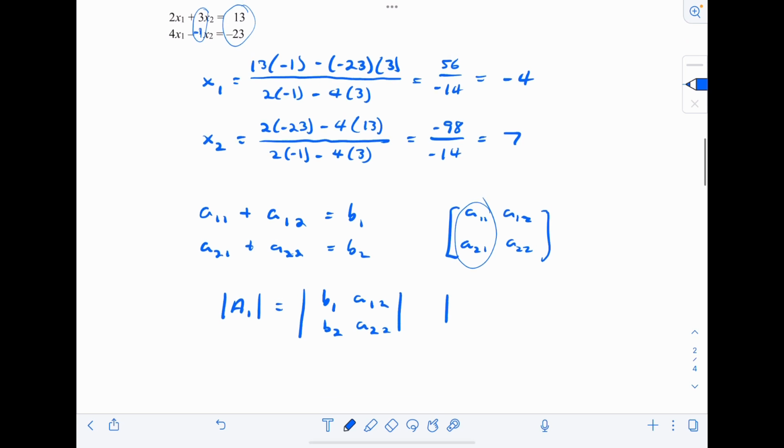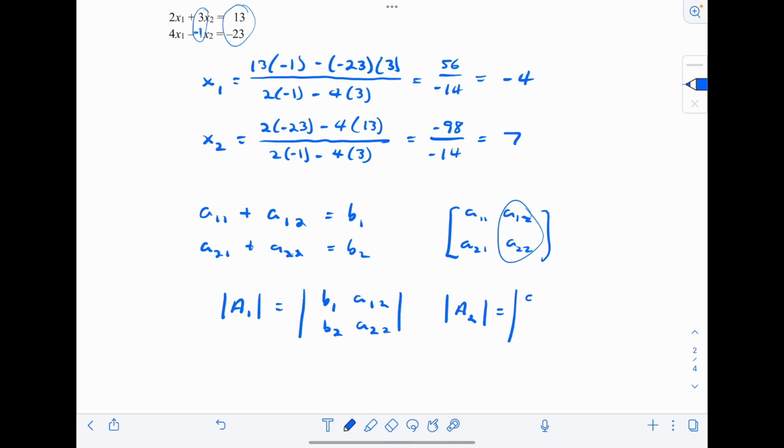Then for A2, we're going to find another matrix. To find x2, we're going to take the determinant of what we call A2. Here, I'm going to take this coefficient matrix again, but now I'm going to replace the second column with the b values.